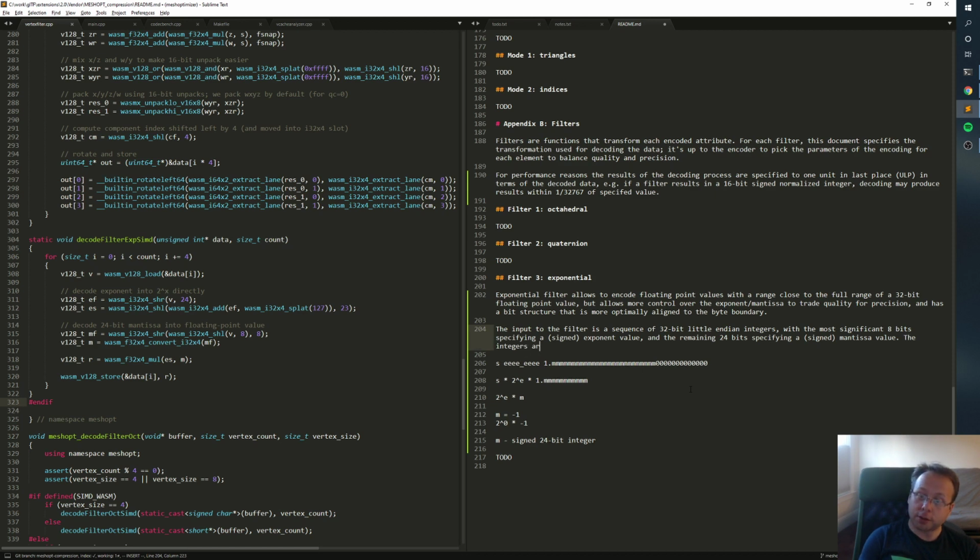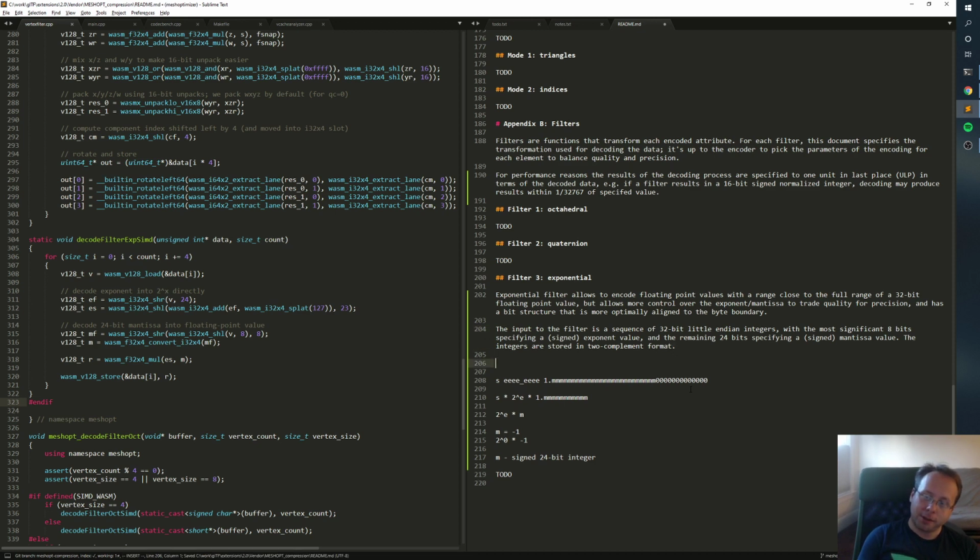The integers are stored in two's complement format. The result of the filter is 2 to the power of e times m.